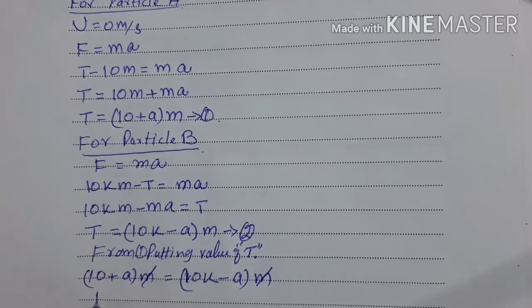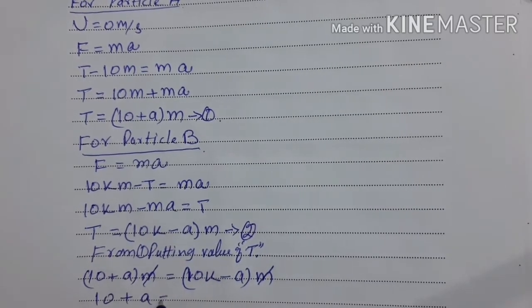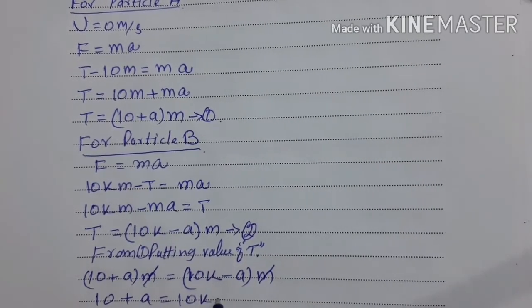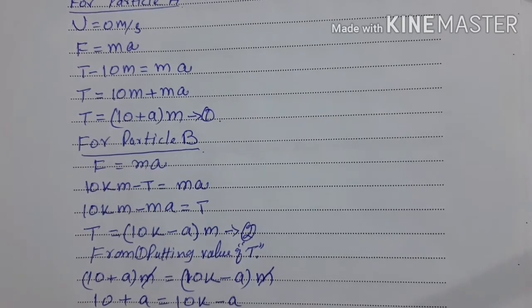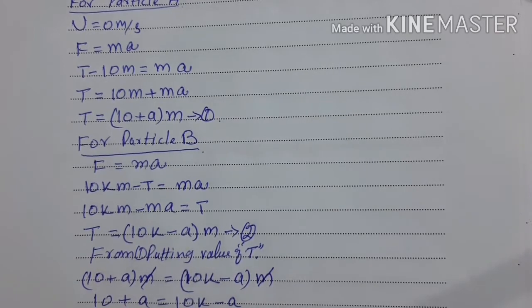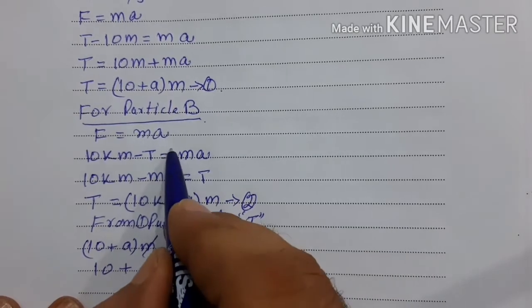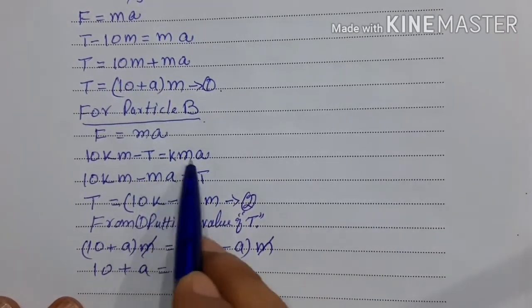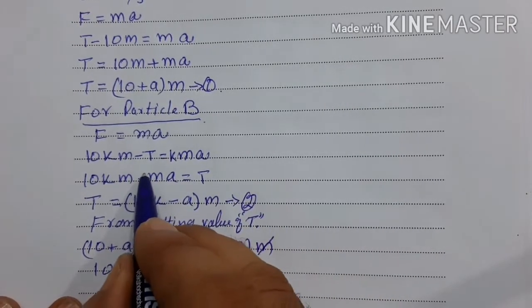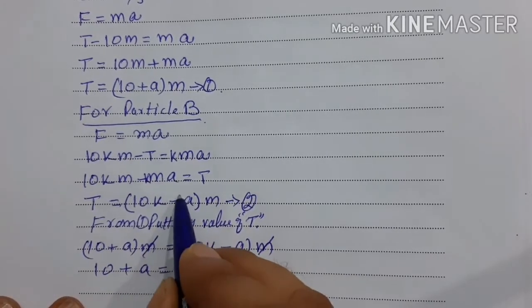So this will be 10 plus a is equal to 10k minus a, or one second, sorry, this is km because the mass is km. This is also km. This will be ka.